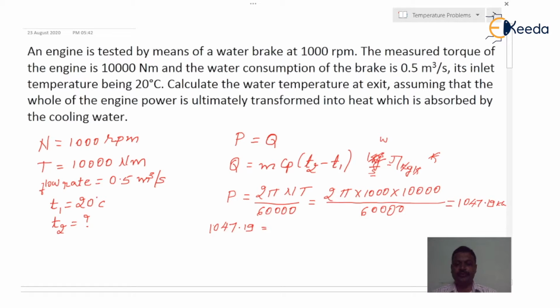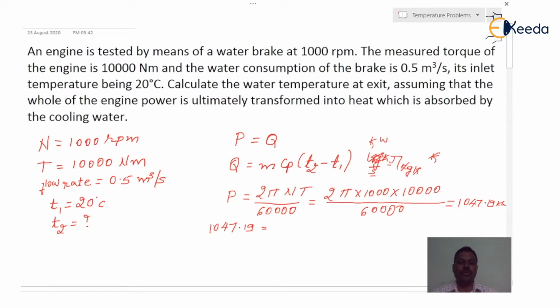So to have kilowatt on the right hand side, already on the left hand side it is in kilowatt, Cp is taken in kilojoules per kg Kelvin. If we have the value in kilojoules per kg Kelvin, then the units on left and right hand side will be same.